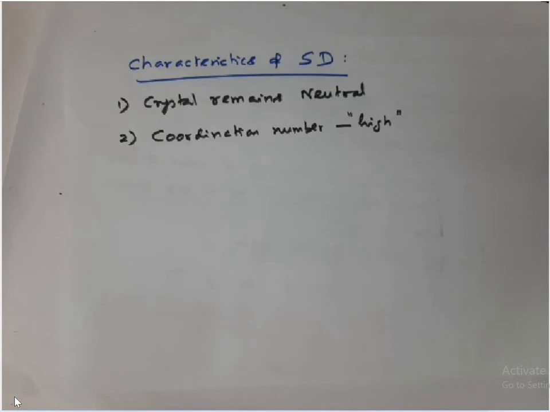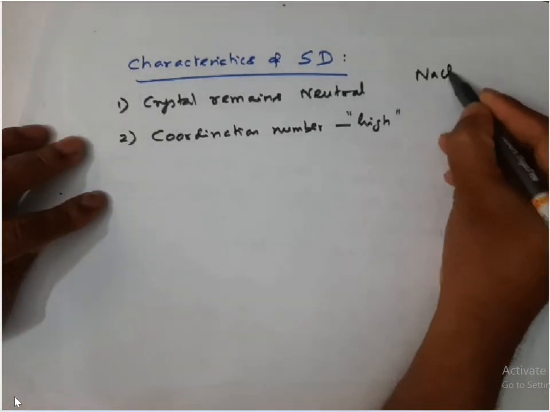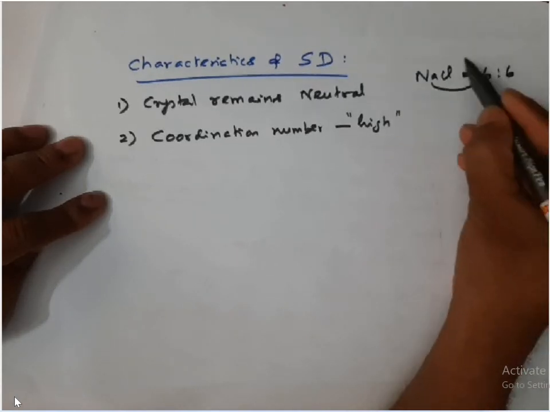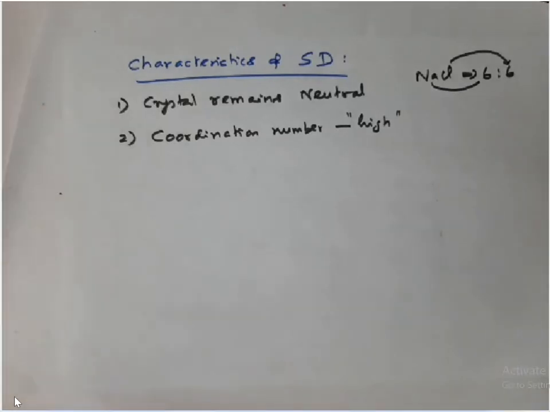In the case of sodium chloride, students, listen, coordination number is 6:6. For sodium ion 6, for chloride ion 6. So the coordination number is 6:6. Six coordination is very high coordination. So Schottky defect usually appears in crystals having high coordination number.